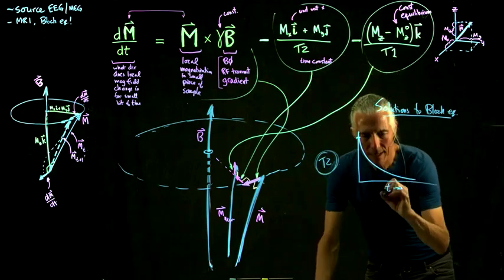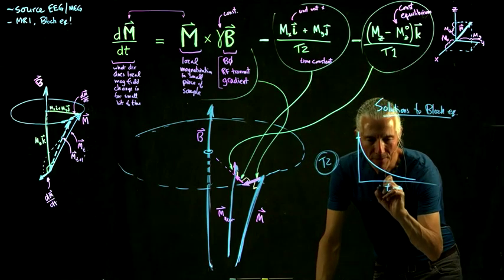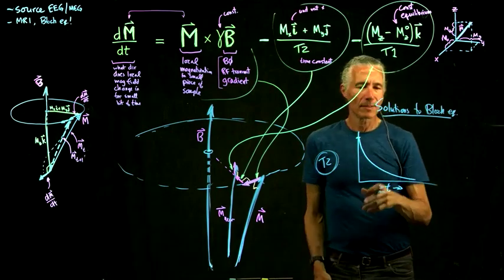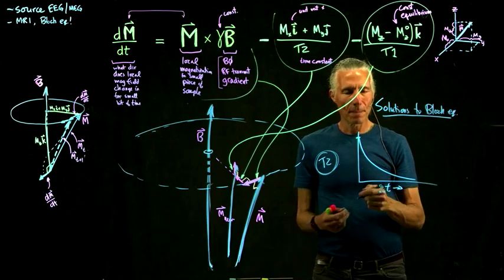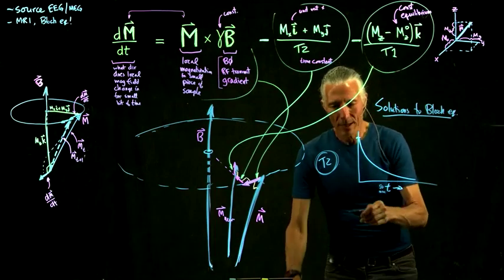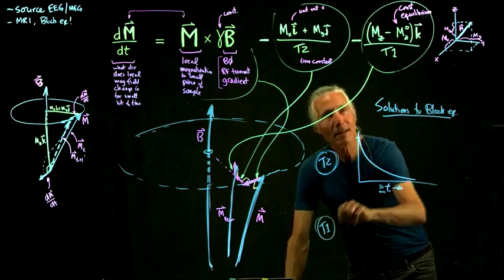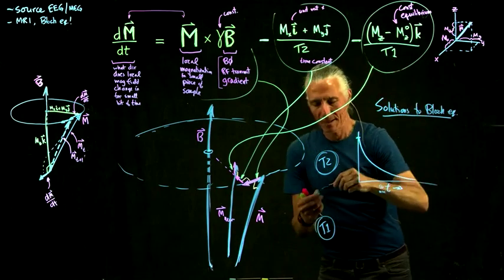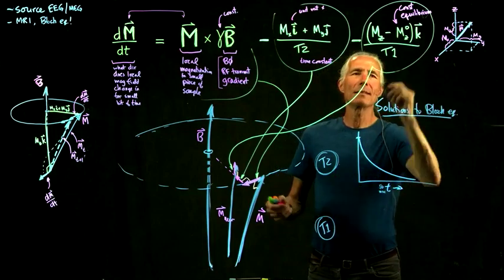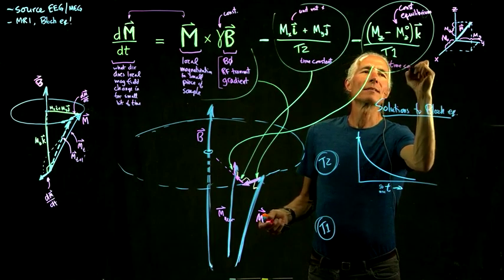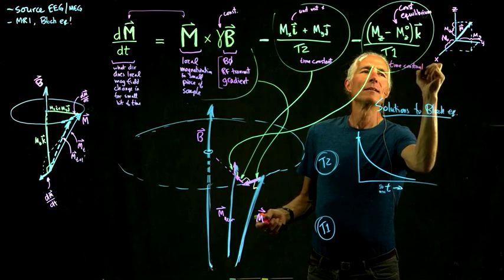And it's pretty quick, like this might be, say, 50 milliseconds. Depends on the field strength, but a tenth of a second, 20th of a second, it's pretty much gone away. If we look at the T1 solution, because the T1 time constant is different than the T2 time constant, it's a much longer time constant, bigger.